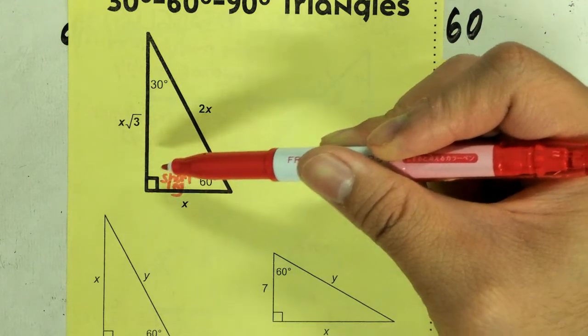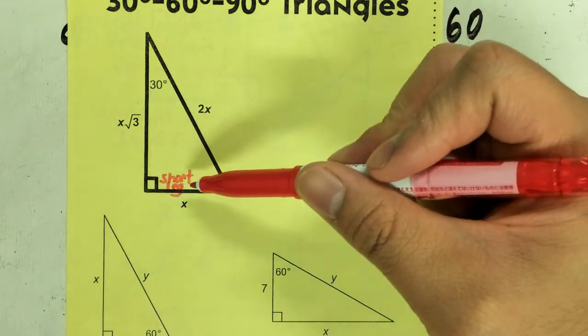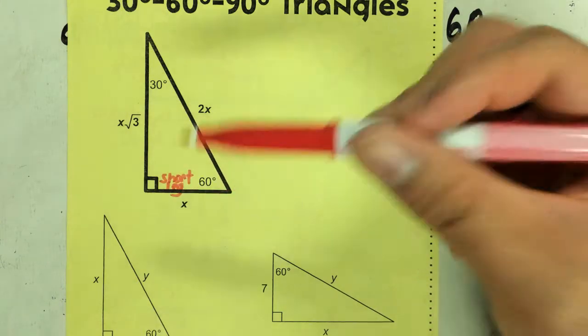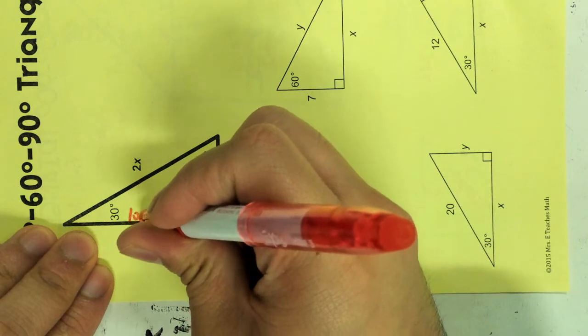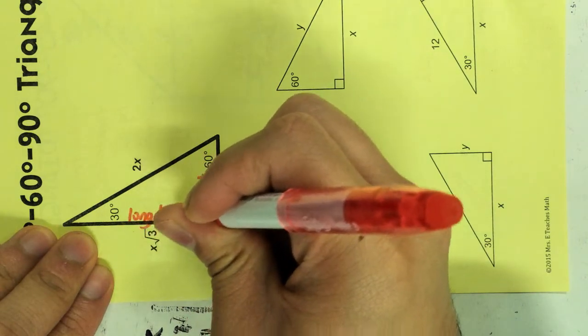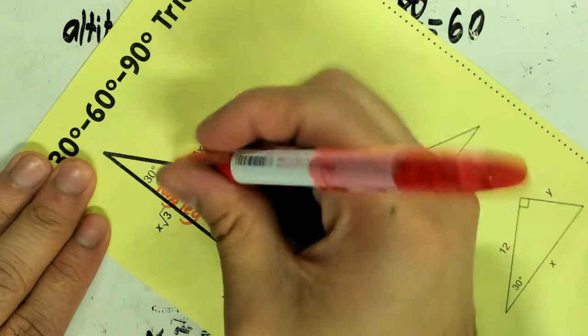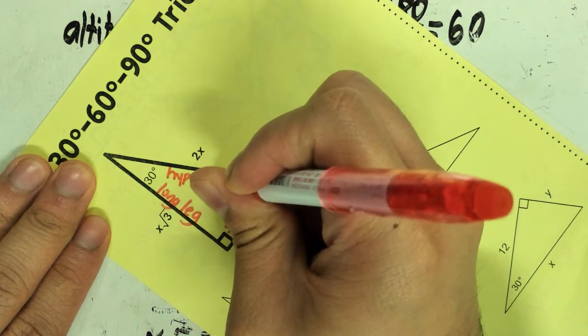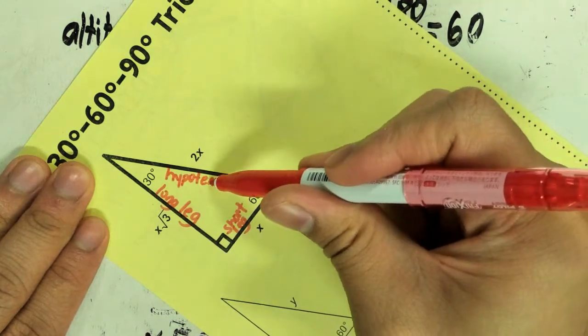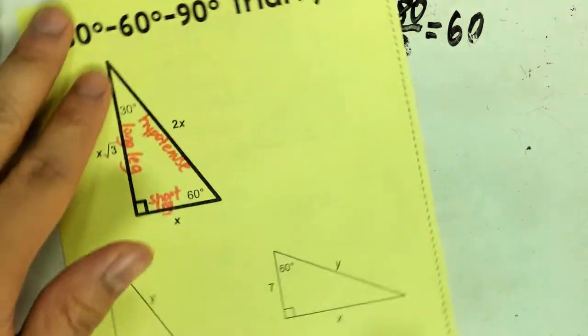And your largest angle opposite your longest side. So this makes it the shortest side. We'll call that the short leg. Over here, I will call this the long leg. And over here, this is always our hypotenuse, opposite the right angle.